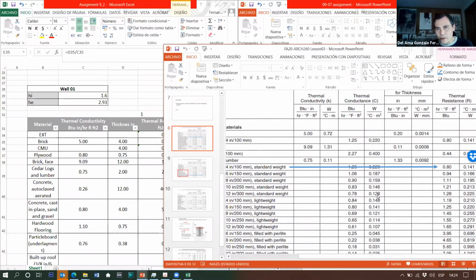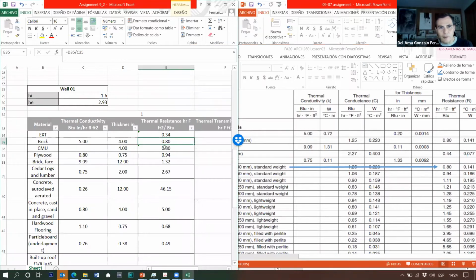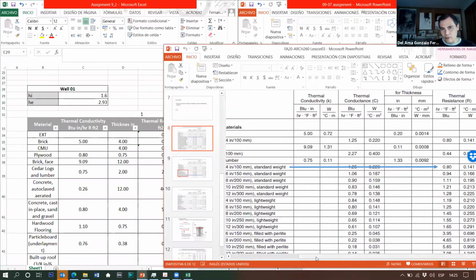We have to go directly to this column, to this thermal resistance. So that would be 0.8. So this is what I have typed here, 0.8. Sorry, this one. Okay, so this is blank because in that table, we don't have a value for thermal conductivity.